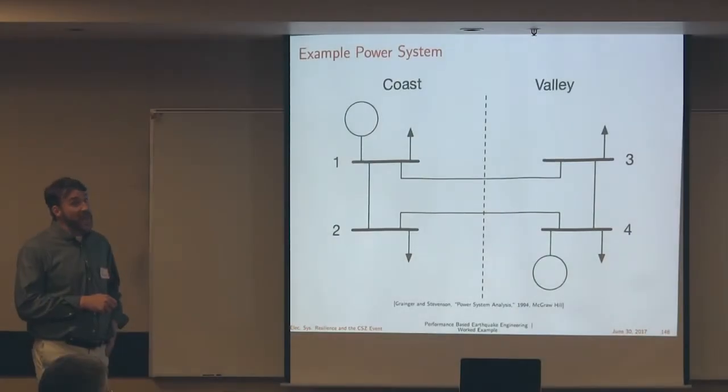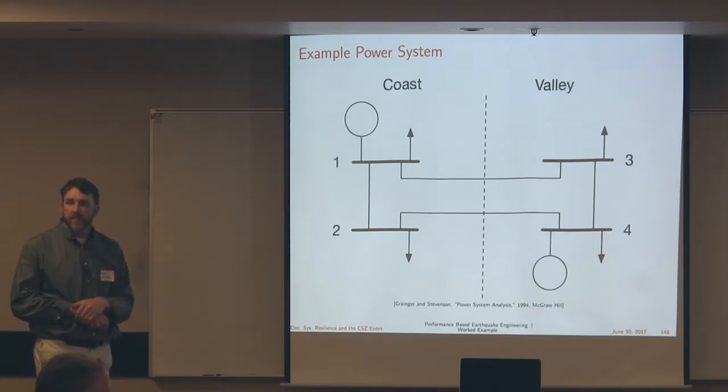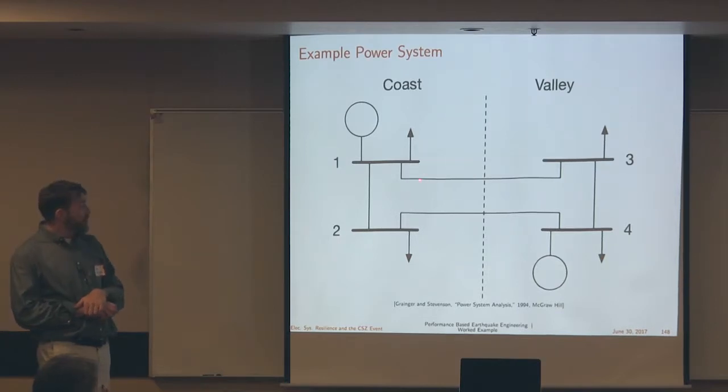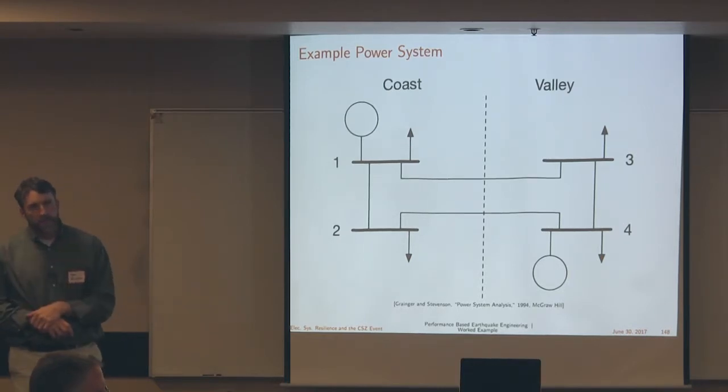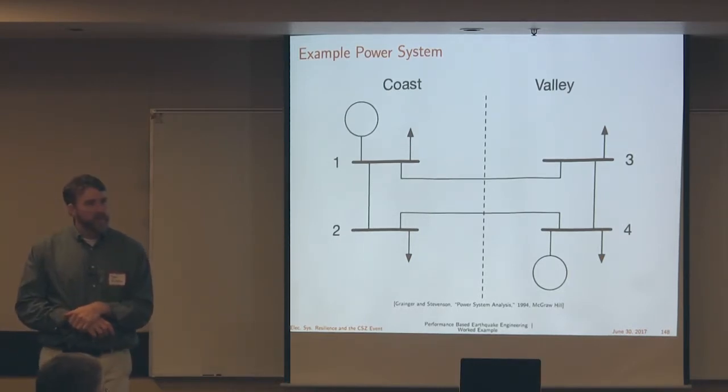So I have 4 kinds of assets: generators, loads, branches, and substations. Some of the assets are on the coast, and some are in the valley. And 2 of the assets actually stretch across. I'm not going to deal with that here, but you'd have to define some other category for something that goes across. Does this make sense so far?